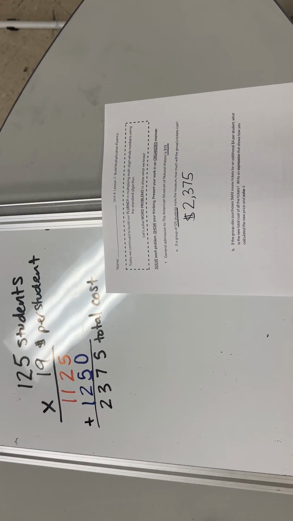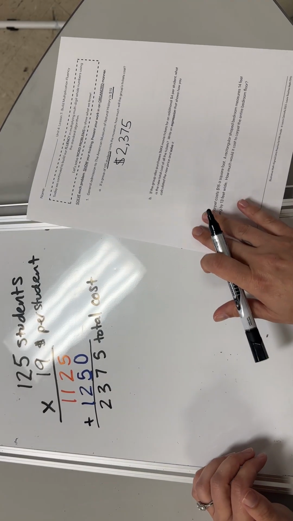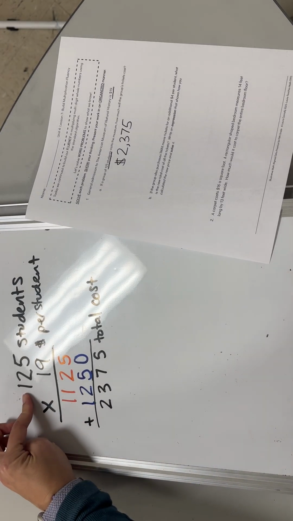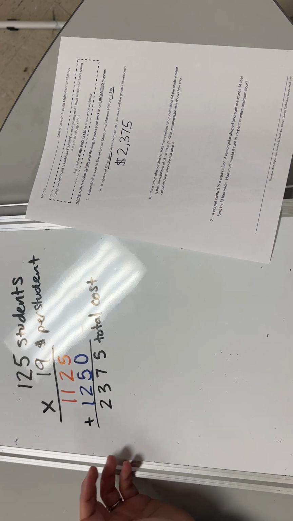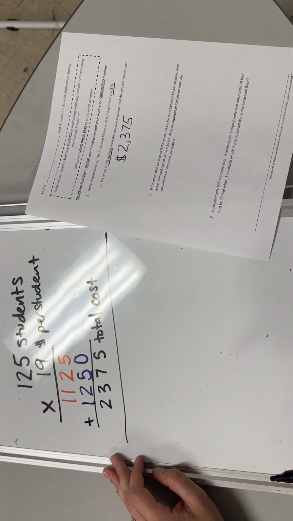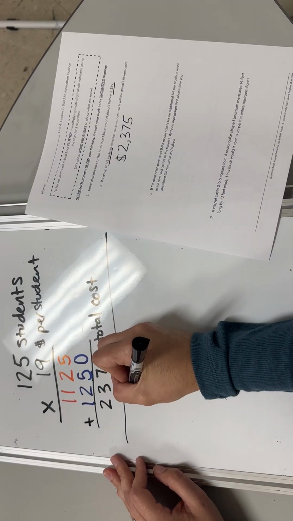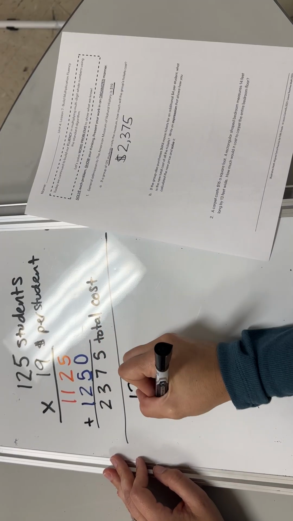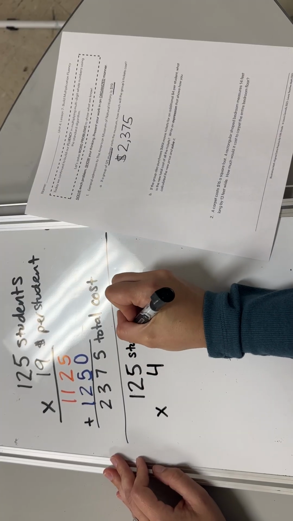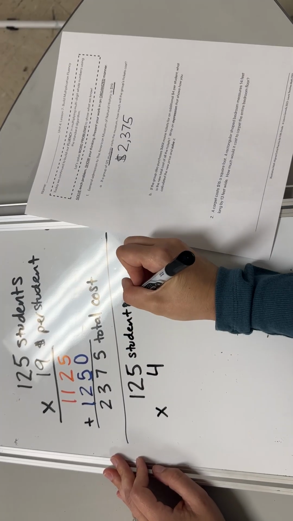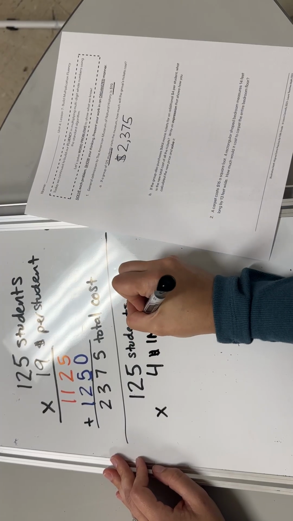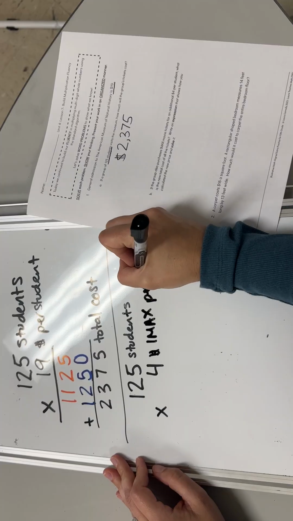So what we're going to have to do now is figure out, well, if it costs another $4 for all 125 students, I'm going to have to do that 125 students times that $4, just like I did before. So I'll do 125 times 4. The 125 is the total number of students, and the 4 is the money it costs for an IMAX ticket per student.